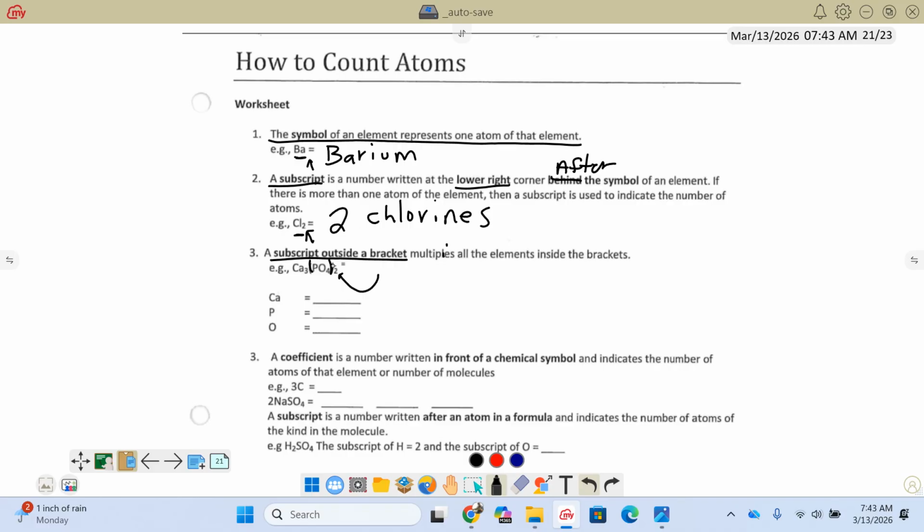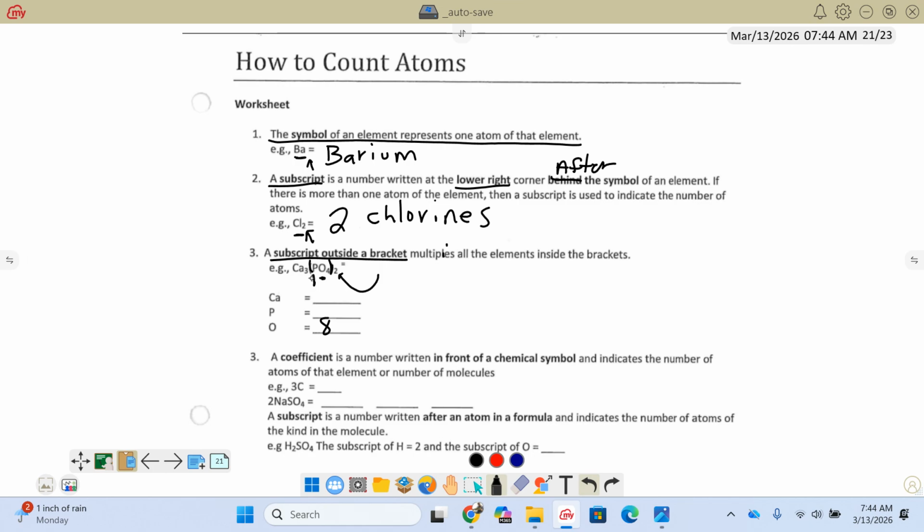If you look at oxygen inside the bracket, it already has a subscript of 4. So the 2 outside the bracket will multiply times the 4 inside the bracket, and 2 times 4 gives us 8 oxygen atoms. Remember, the 2 multiplies times everything inside the bracket.